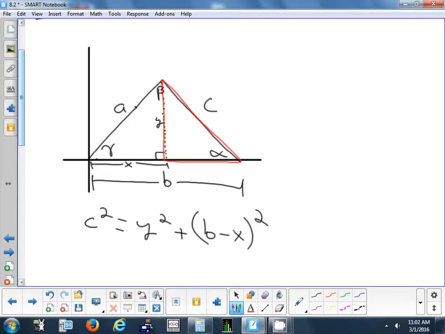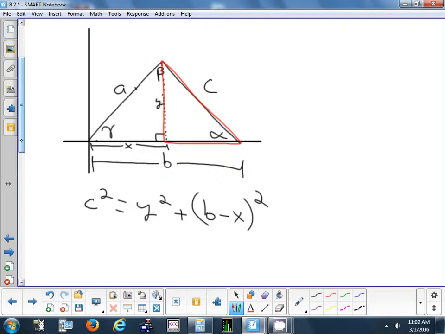Now, what I want to do is substitute in for x and for y. I want to rewrite x and y in terms of either sines and cosines and this angle, gamma. All right? So let's start with a formula for y.